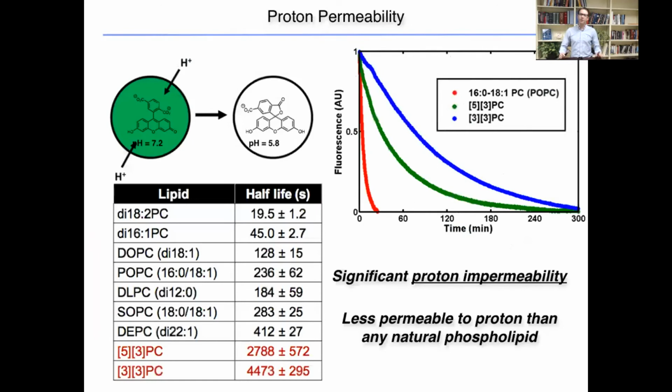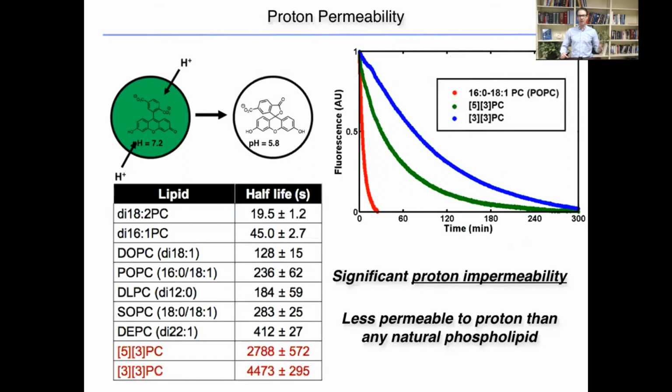One of the most significant results we've gotten so far has to do with proton impermeability. So this is a known assay for measuring pH equilibration into or out of a vesicle. In the data table, hopefully you'll see the half-lives, in seconds, of proton diffusion for the canonical straight chain lipids.